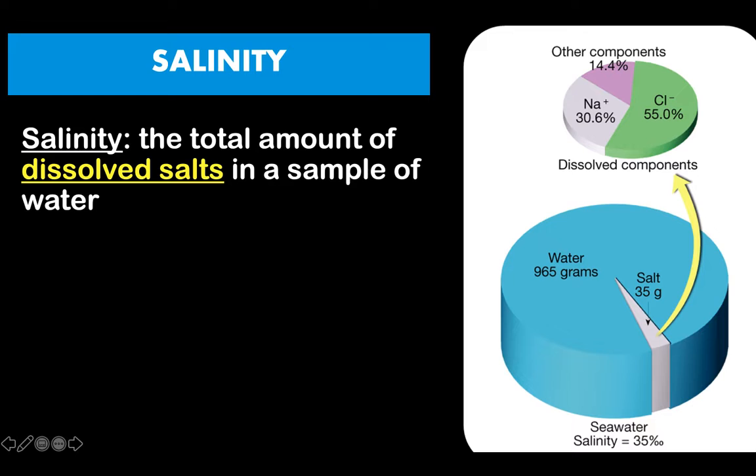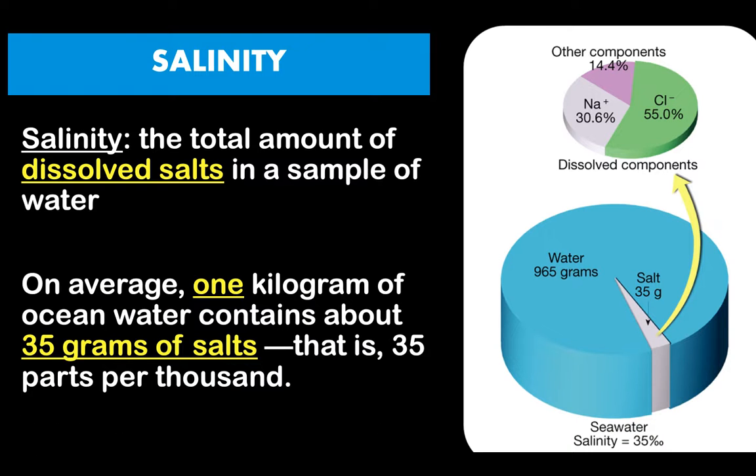So that is exactly what is on your kitchen table in a salt shaker, NaCl, sodium chloride. So on average, 1 kilogram of ocean water contains about 35 grams of salt, or 35 parts per thousand.